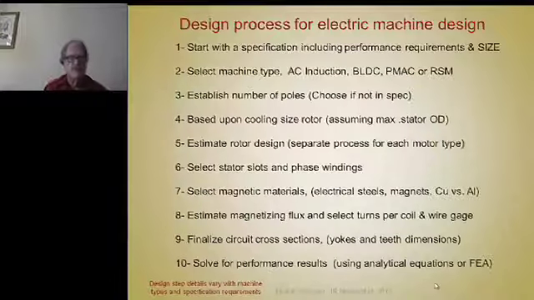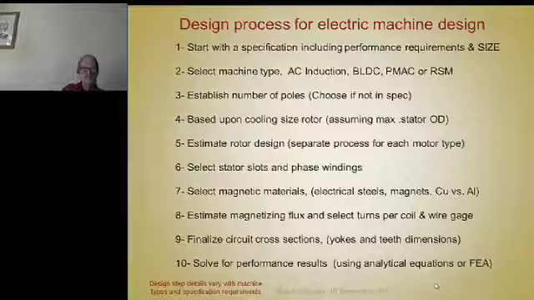So here we've written out all these same steps in a list of 10 steps. No, I don't think we need to go over them again. Let's see if there are any other points that come to mind. Establishing the number of poles is sometimes in your specification, but not always.